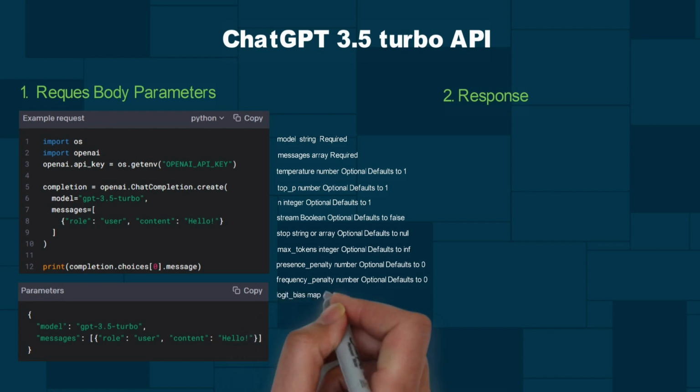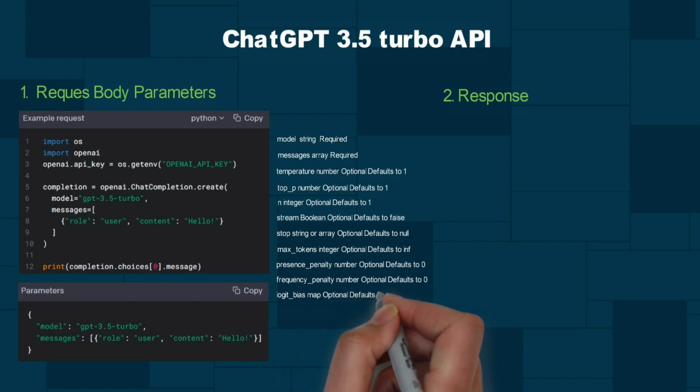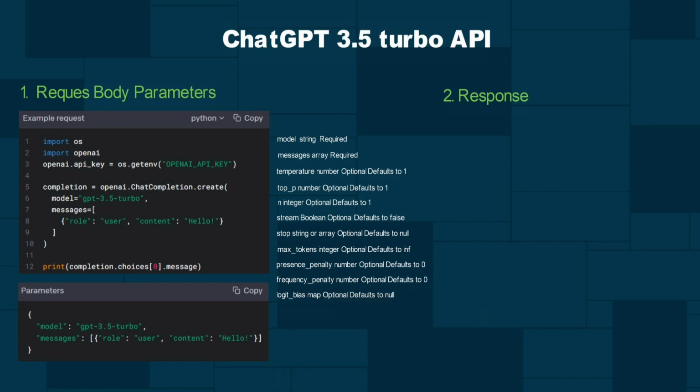Logit bias, map, optional, defaults to null. Modify the likelihood of specified tokens appearing in the completion. Accepts a JSON object that maps tokens, specified by their token ID in the tokenizer, to an associated bias value from -100 to 100. Mathematically, the bias is added to the logits generated by the model prior to sampling.